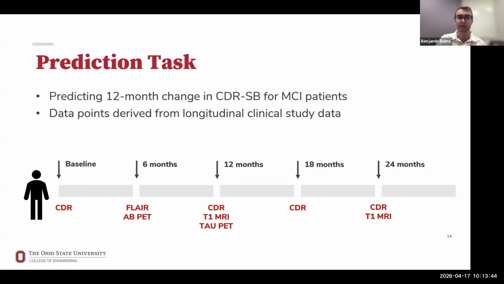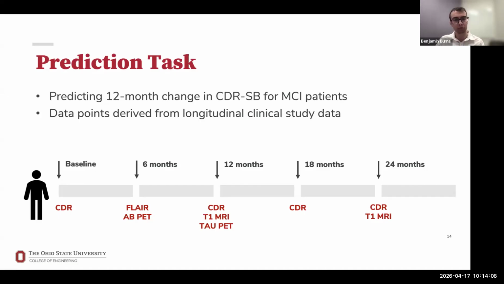And we derive these data points for training and evaluation from longitudinal clinical study data that resembles more or less the diagram in the bottom of this slide, where for each patient, they have regular visits at regular frequency, say every 6 months. And at each of these visits, they can have some modalities and information collected.